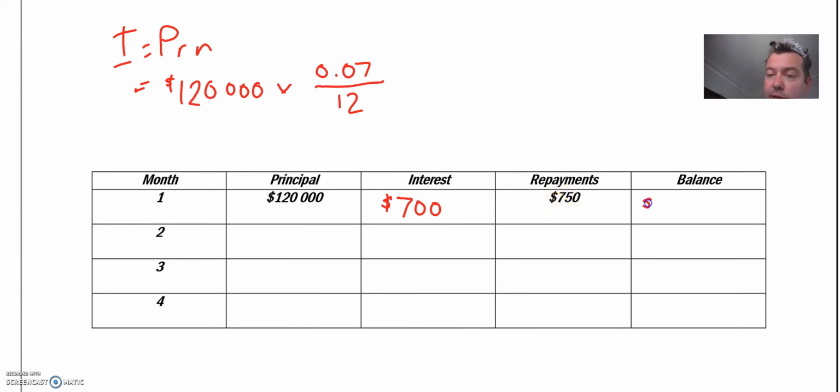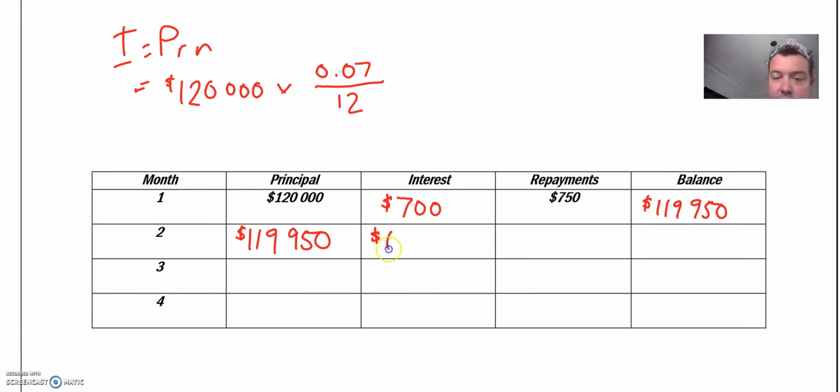Now, next month, I don't start with the principal of $120,000, I start with this. Remember, this figure gets carried down to here without any changes to it, 119,950. That goes down there. Now I do the same thing again, except because my principal is slightly smaller now, my interest is ever so slightly smaller.